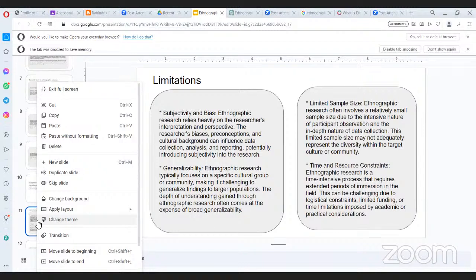Time and resource constraints. Ethnographic research is a time-intensive process that requires extended periods of immersion in the field. This can be challenging due to logistical constraints, limited funding, and time limitations imposed by academic or practical considerations. I have told you that in some locality, I was warned not to move further, because if I move further, then I will be in trouble.